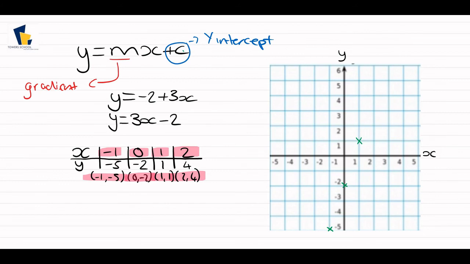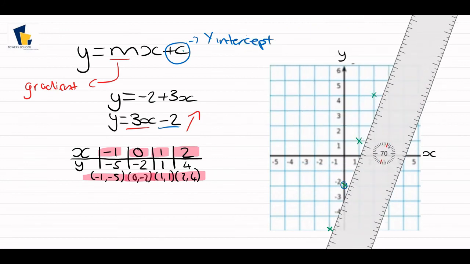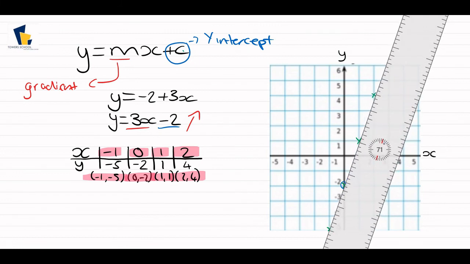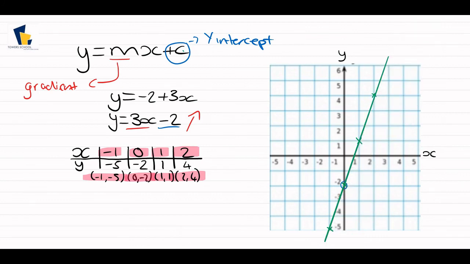So we can see here that our gradient is positive, which means our line is going up, which it is. And we have a y-intercept of minus 2. Here you can see that it has gone through the y-axis at minus 2. So all we're going to do now is line these up and then draw a straight line all the way through them and then label it at the end.